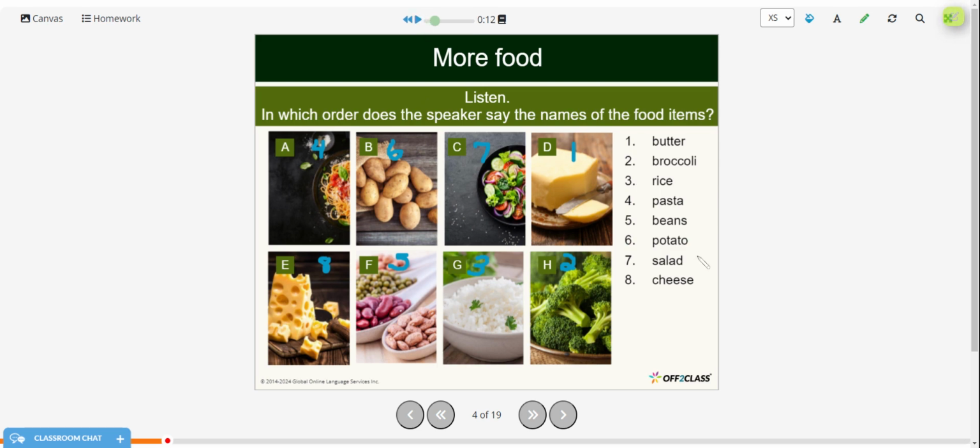Salad, okay, so he said salad first, rice, rice second, pasta, pasta is third, potato, potato was fourth, broccoli, beans, cheese, butter, so cheese and butter.